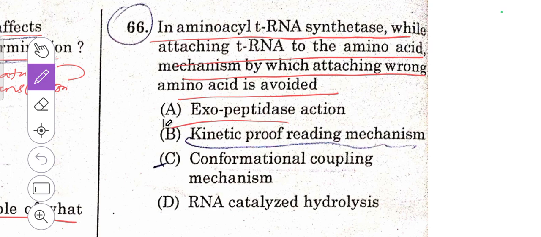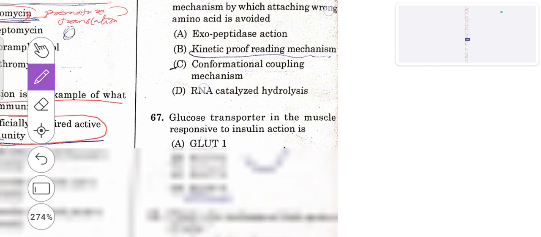So this is avoided through the proofreading mechanism, so that the aminoacyl tRNA synthetase helps in the binding of the amino acid with the amino acid binding site in tRNA. This is done through the kinetic proofreading mechanism. B is the right answer.